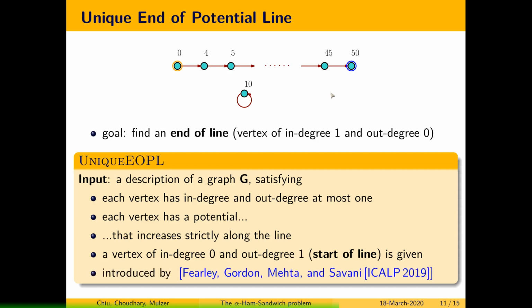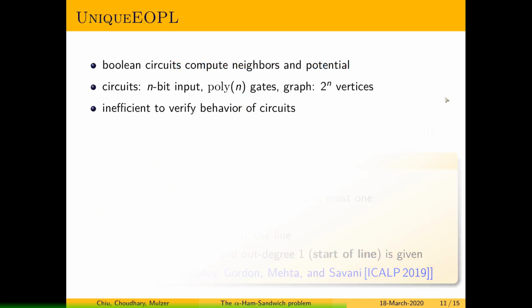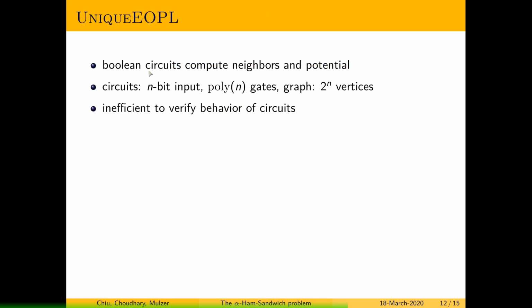Now the problem seems quite benign, just report an end of a line solution, but it is more difficult than that because the graph is not given explicitly but implicitly using some Boolean circuit. These circuits compute the neighbors and the potential value for each vertex, and each vertex is encoded as an n-bit input to the circuits. These circuits use a polynomial number of gates, and the graph contains an exponential number of vertices.